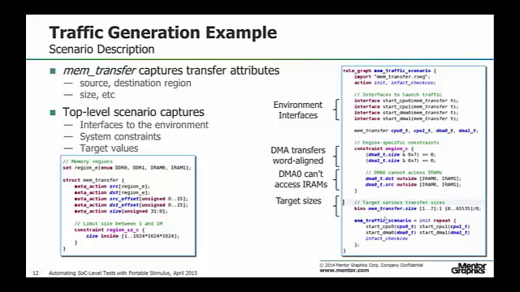The whole scenario is then just starting the 4 different interfaces concurrently. In a way this is very similar to a UVM virtual sequence. This would then in turn start lower level sequences that run in whatever target environment we're looking at. I'll show you some examples of that in a moment.